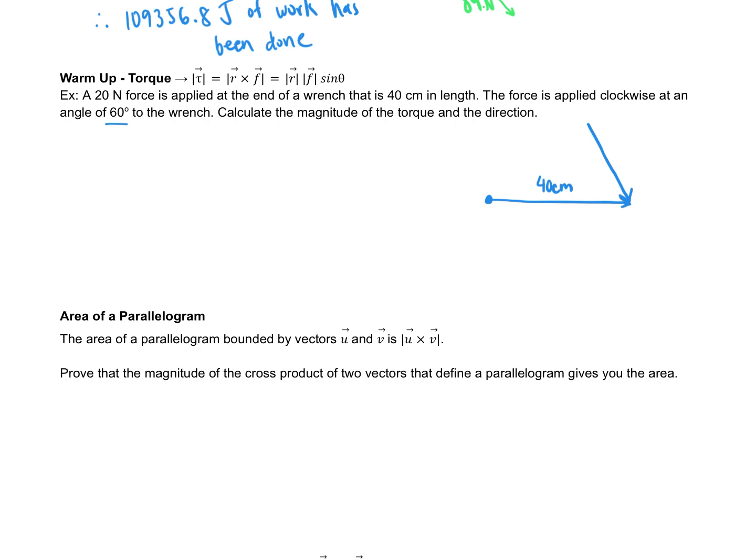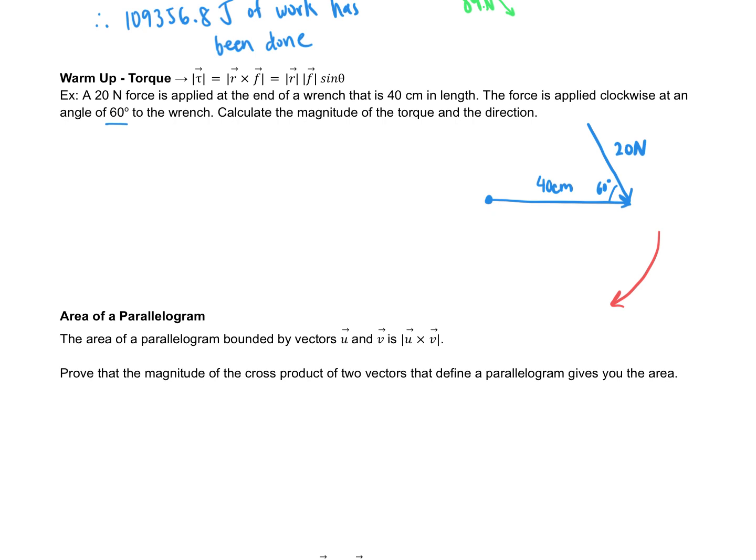This is going to be the force. There's the 60 degrees. There's the 20 newtons. And it is turning clockwise. The fact that it's turning clockwise means that the bolt is being tightened. So the cross product will be into the material that is being tightened. If it were going counterclockwise, the bolt would be loosened, so that would be out of the page.